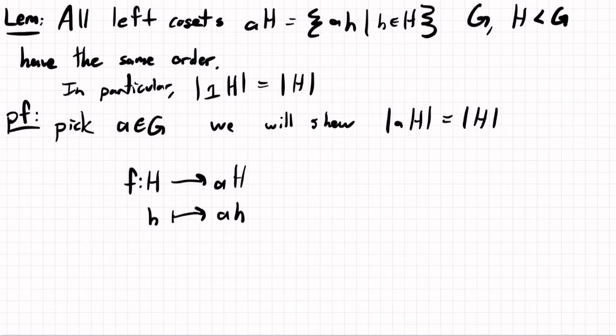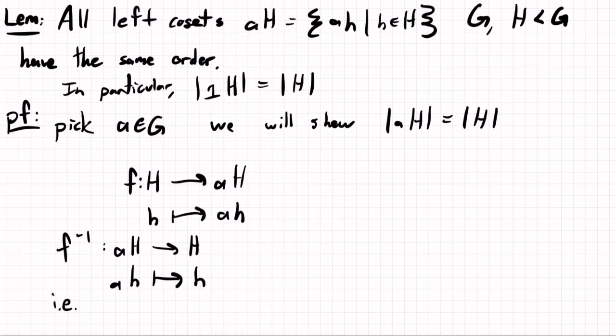So how can I show that this map is a bijection? Well, there's two ways. One is to show that it's injective and surjective. The other one is to find an inverse map. So let's find an inverse map, f inverse. f inverse will go from aH to H, and it'll just take some element right back to H. This is multiplication by a inverse.